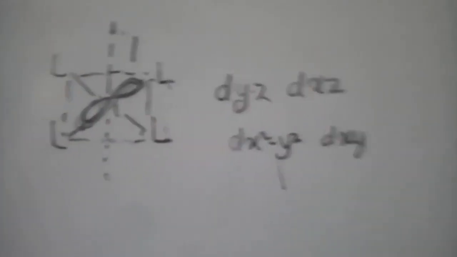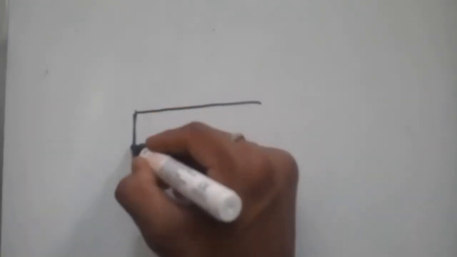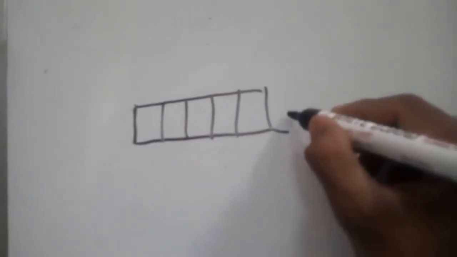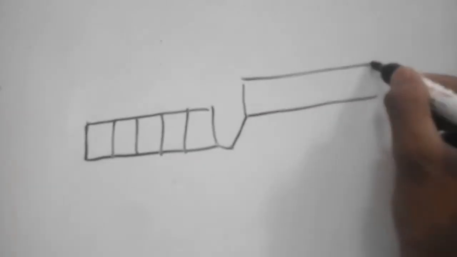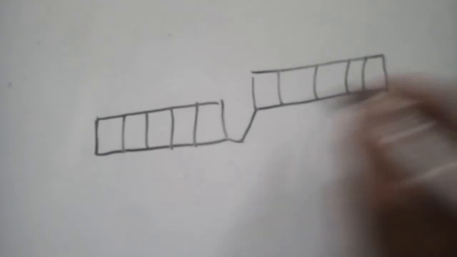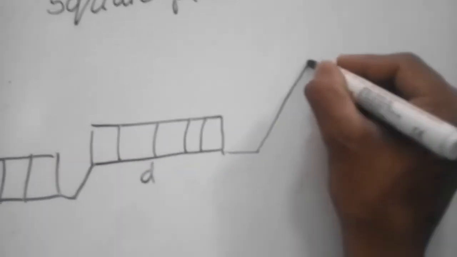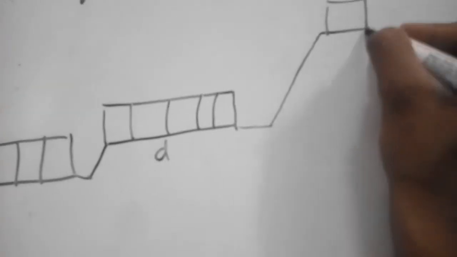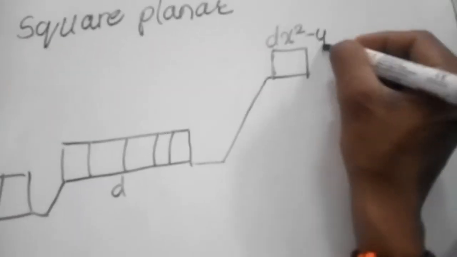Now we will see the crystal field splitting of square planar. This is the excited state d orbital of the transition metal ion, and in square planar complexes this is dx square minus y square.